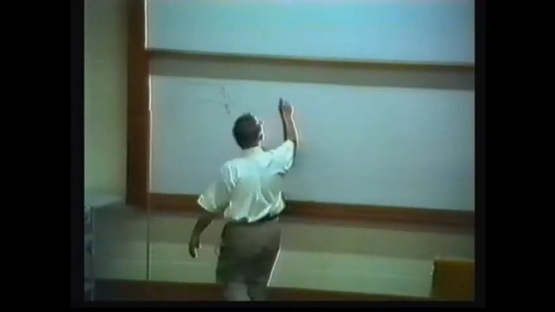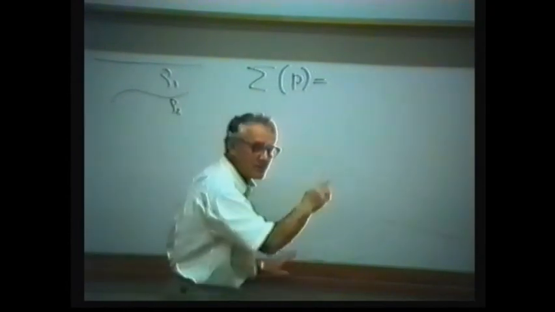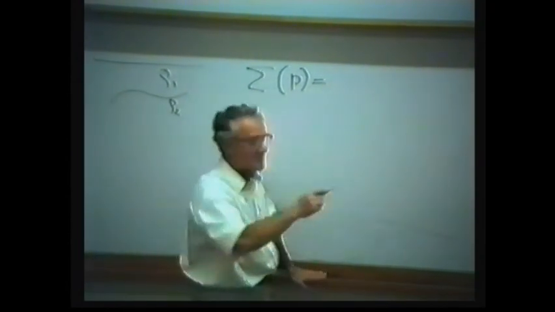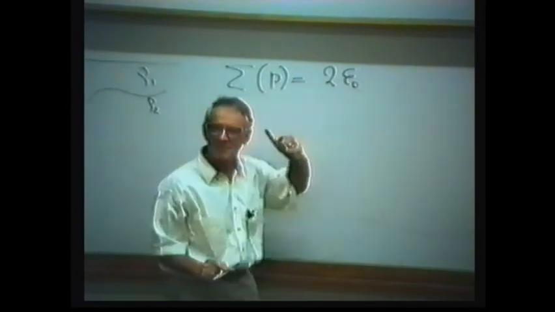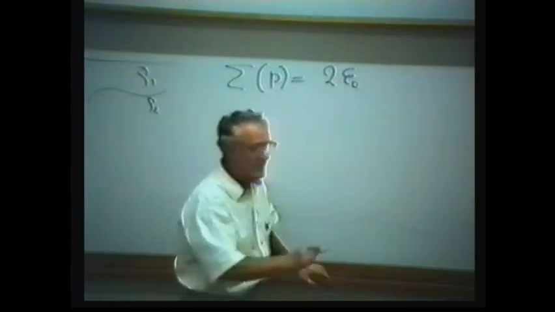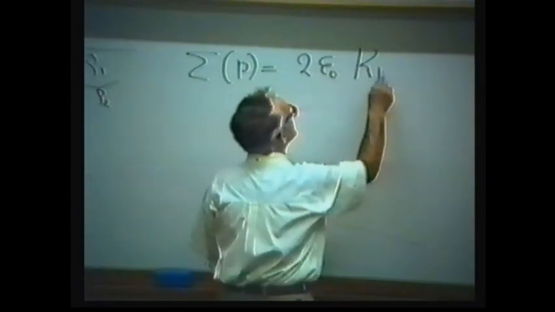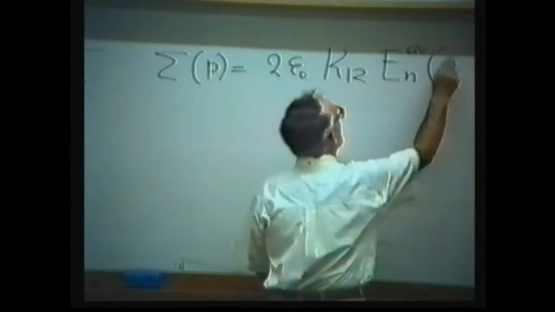And these charges arise with density. Let me write it again, because I promised to write again. So 2 epsilon naught, that's not important, but the rest is very important. It's vital. K12 times En average at the same point.